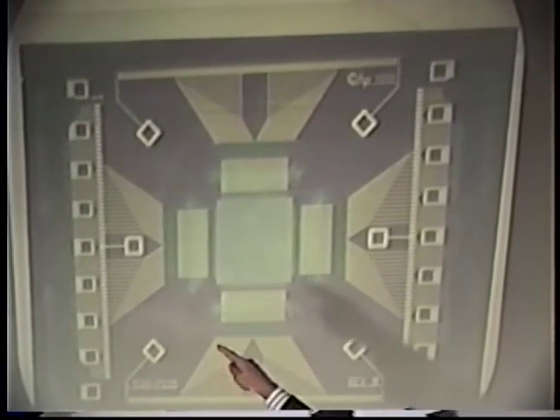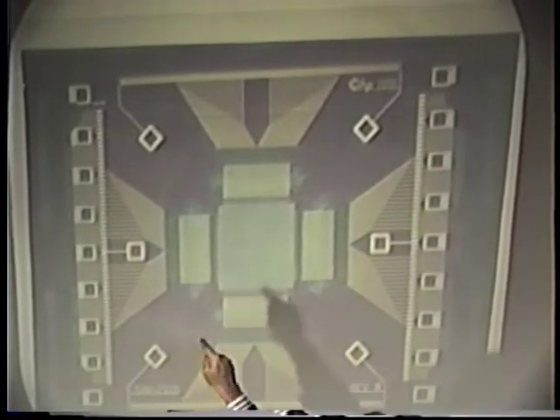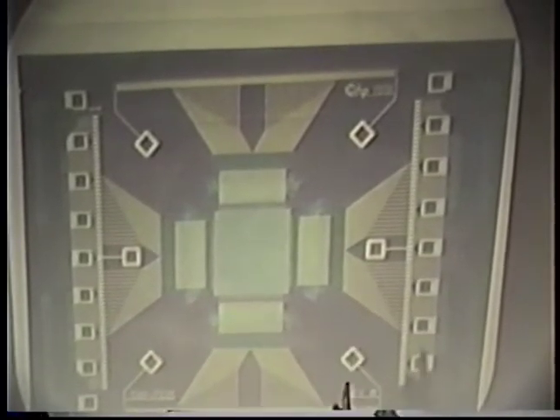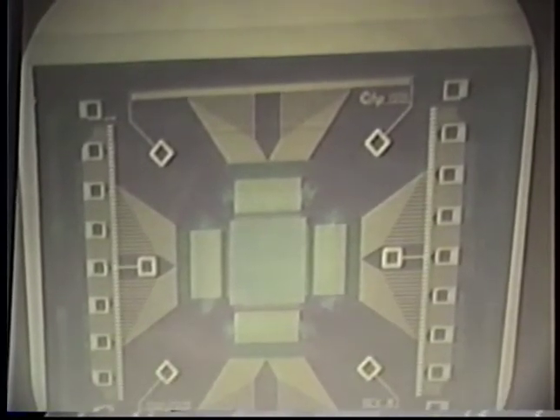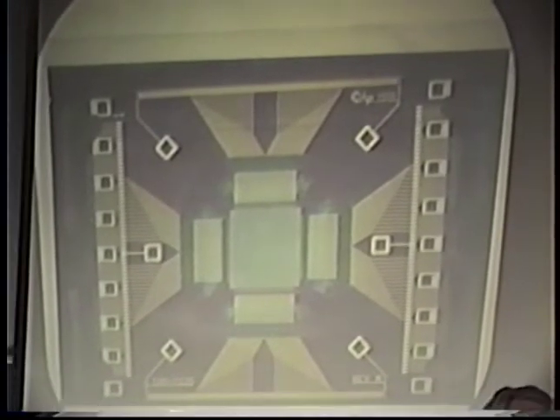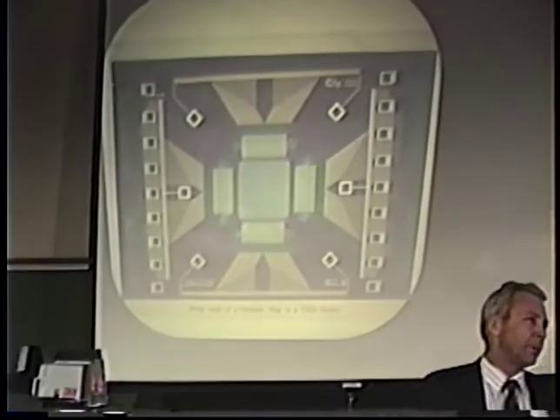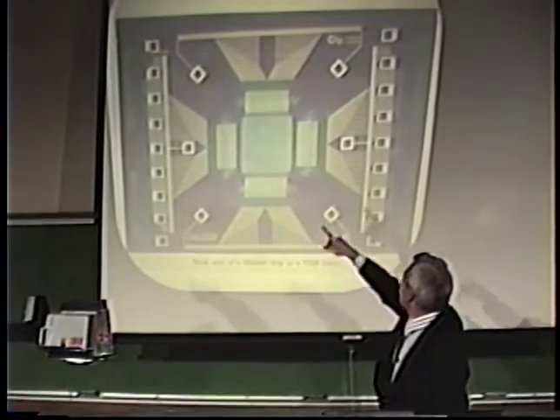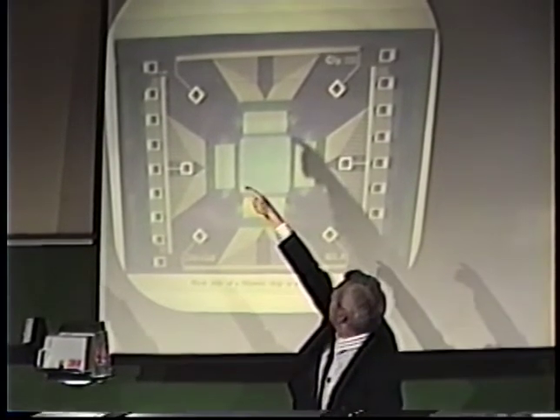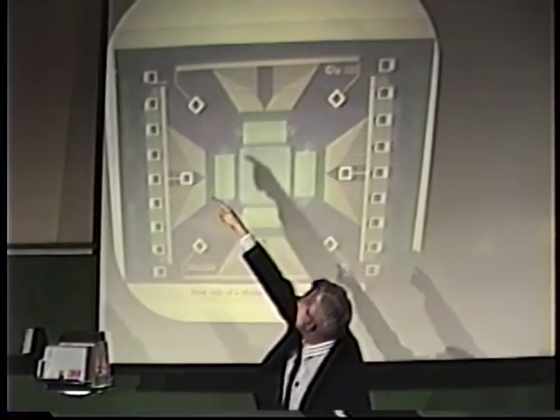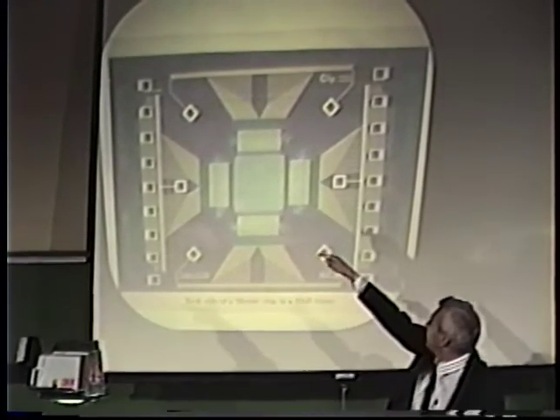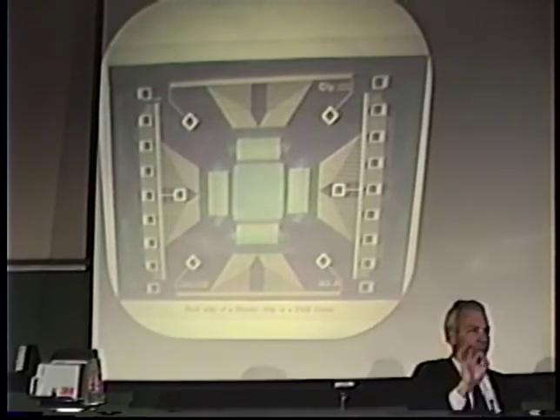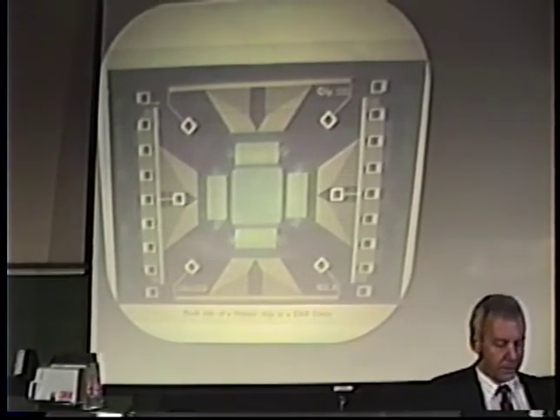Now, this middle part is the back side of the chip, and see these sprocket holes? This is why they call it tape automated bonding. It's meant to go in a sprocket feed like 35 millimeter film, except this happens to be 45 millimeter. And each one of these points, after the chip is inner-lead bonded down to the tab frame, is brought out to these test points so that you can test the chip after it's been packaged.